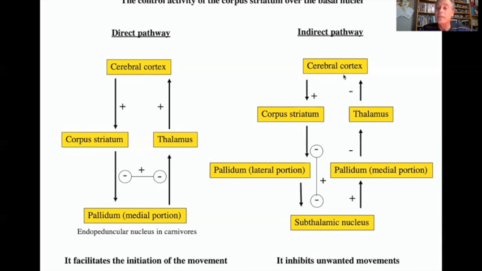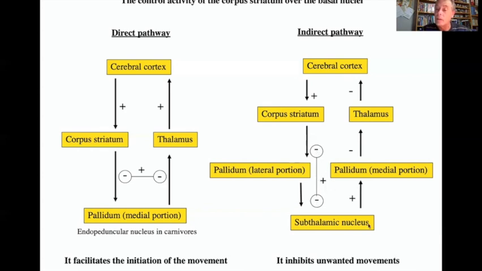However, in the indirect way, the cerebral cortex has an excitatory projection over the corpus striatum, and the corpus striatum has an inhibitory action over the lateral portion of the pallidum, and the lateral portion of the pallidum inhibits the subthalamic nucleus. So what is going to happen? Again, inhibition of an inhibition, we end up in an activation.